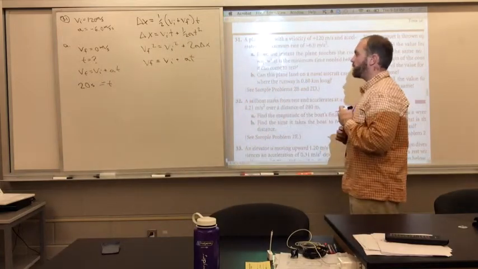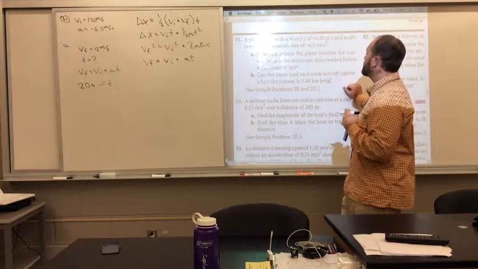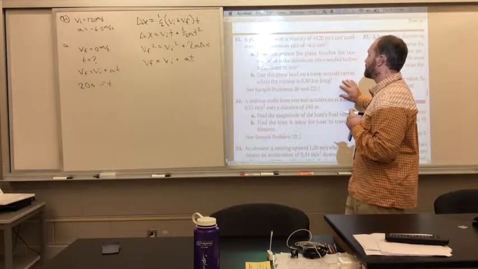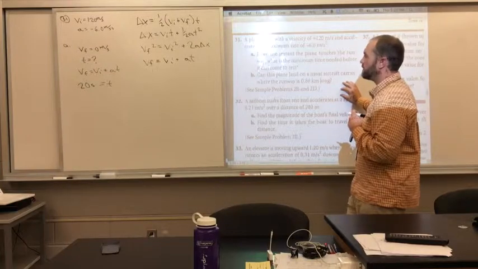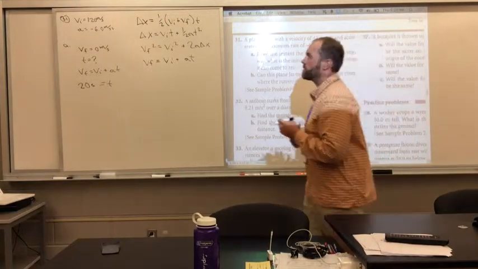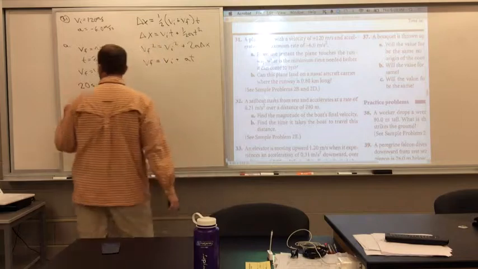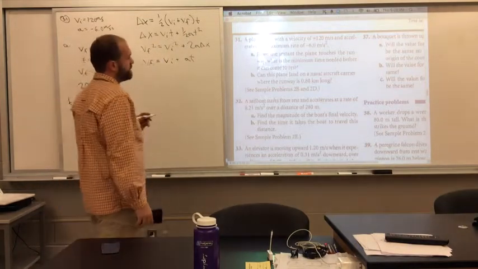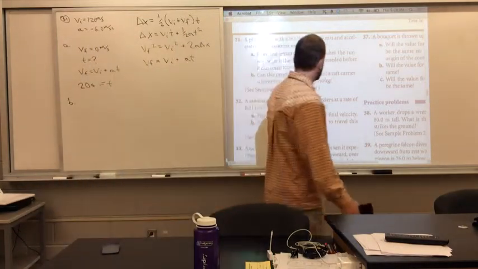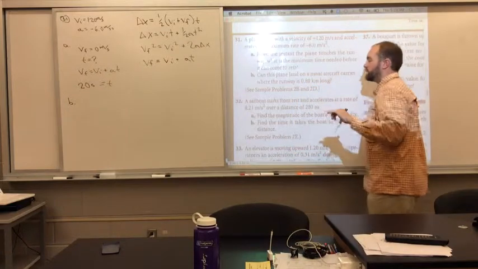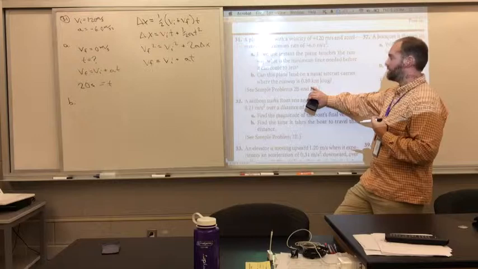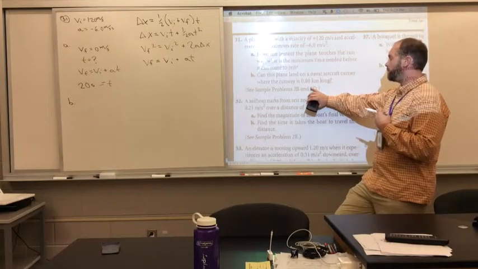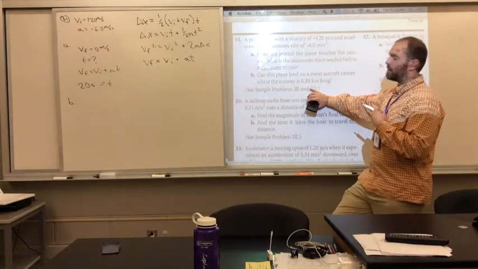Okay, and then the next question is, can this plane land on a naval aircraft carrier where the runway is 0.8 kilometers long? There's a couple ways you can approach this. You could say, all right, if I set my delta x equal to this, if I set my displacement equal to this, and I calculate what my final velocity is going to be, will it be 0 or less than 0?